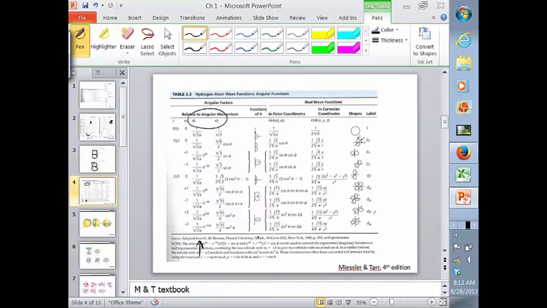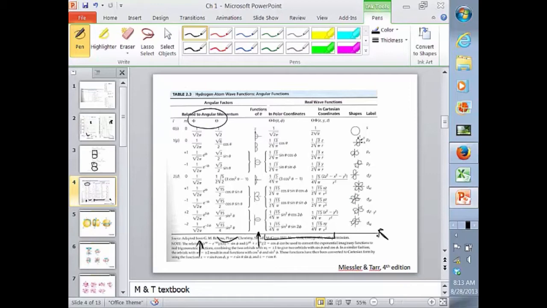But here is a visualization of what the real part of those functions would look like. And then they've done some mathematical manipulations here to make these real functions. And then you can see this, which is what we're familiar with, our familiar orbital shapes. So the shape of the orbital comes from that angular part. When you put the radial and the angular together, that's when you get what we know as the orbitals.